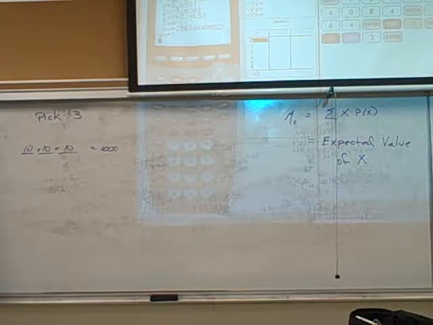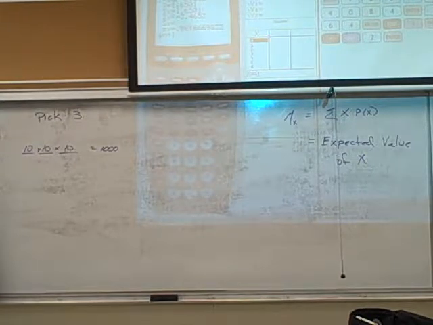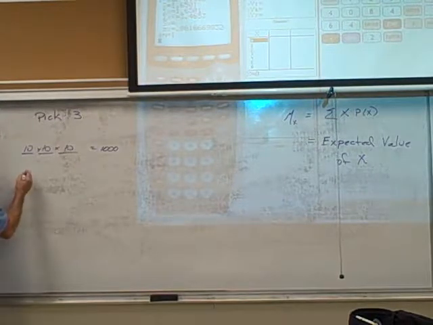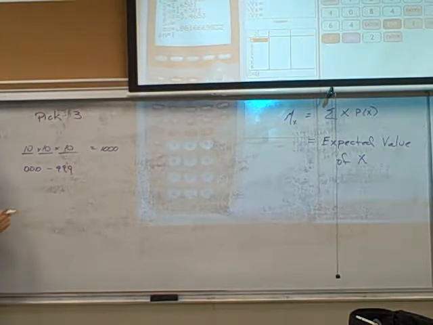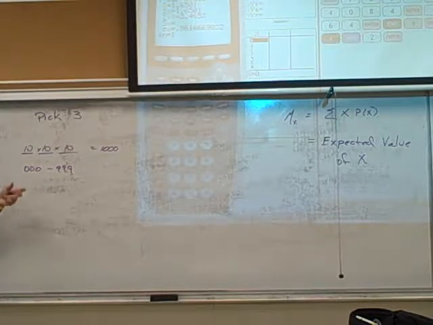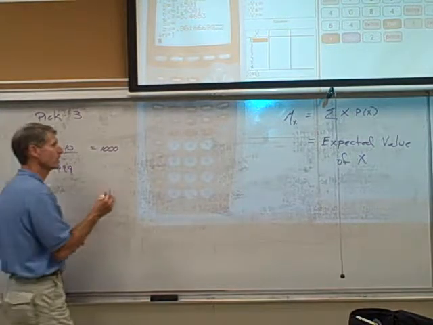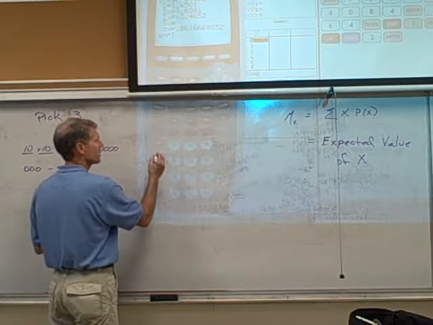So what's the probability you win on one play? 1 in 1,000. You can also think of it as picking a 3-digit number between 0 and 999, and there are 1,000 numbers there. If you match their number, then you win. Right? So if you win, you get $500.